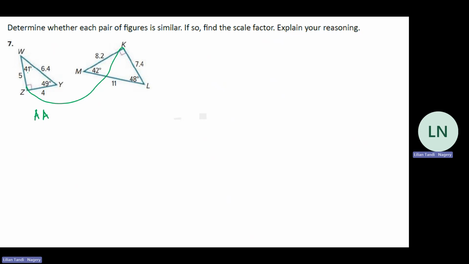Okay? So we are supposed to say here, these two triangles are not similar. Okay?